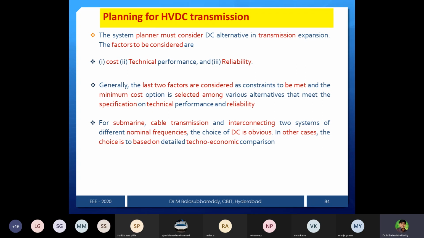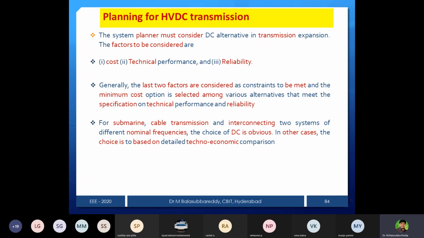But technical performance and reliability must be satisfied while you are designing the new converter station or a new transmission line, all these things. But whereas submarine cable transmission and interconnection of two systems at different frequencies, obviously we have to select DC.